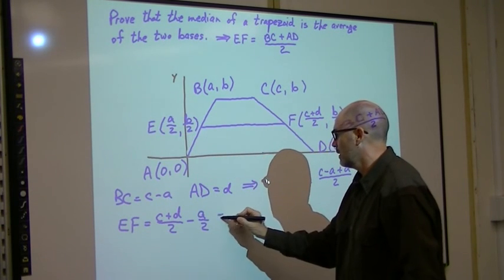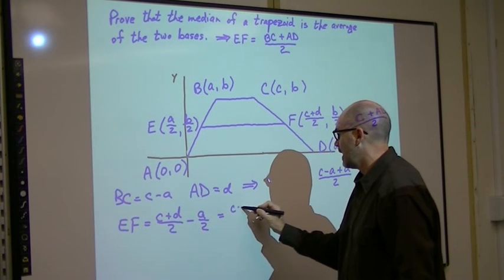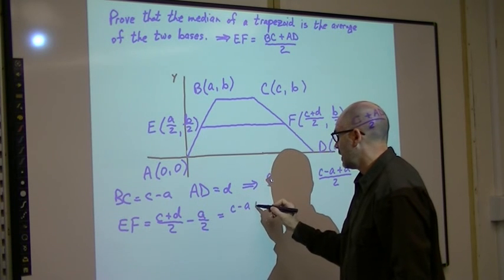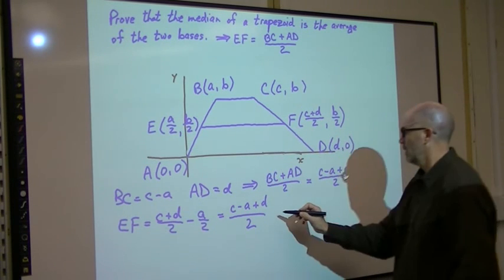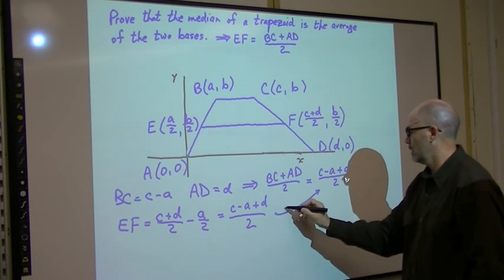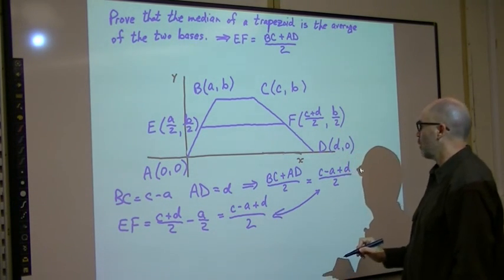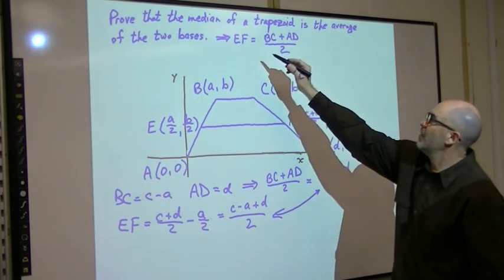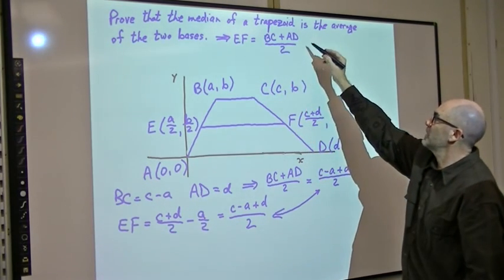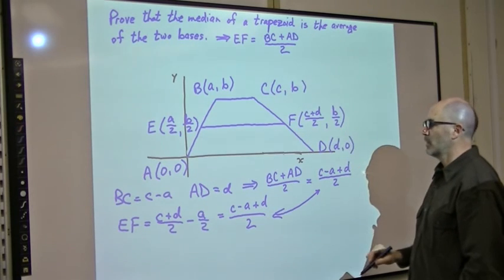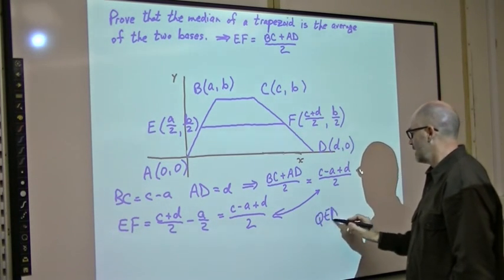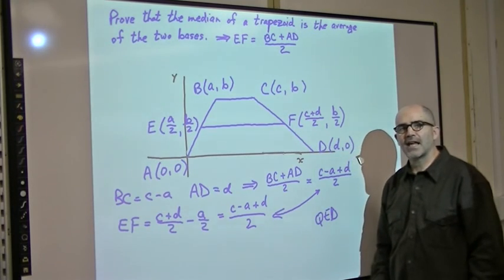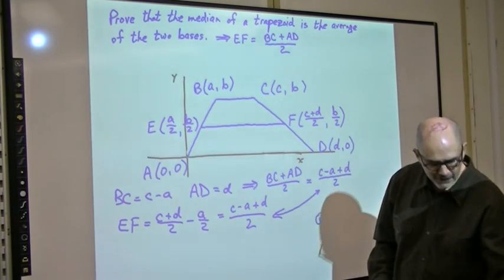Which equals C minus A plus D over 2. Therefore, EF equals BC plus AD divided by 2. QED. That's it. Game over. Have fun with these.